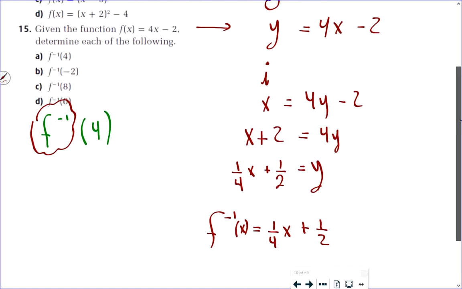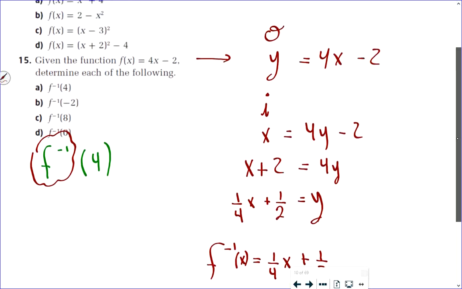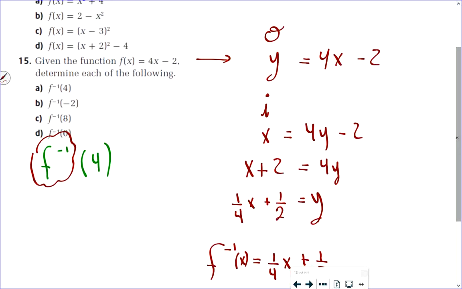Incidentally, I run the risk here of maybe confusing some people with this, but I think it's going to be helpful for many of you. You don't have to do all of this. What you could do is say, x is an input on the original function, and I want to find out what the y coordinate is.